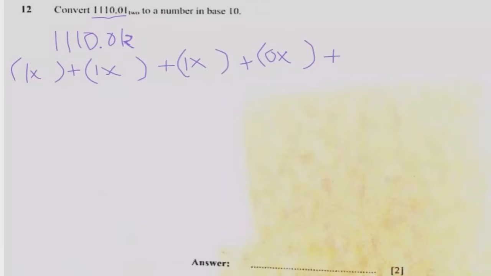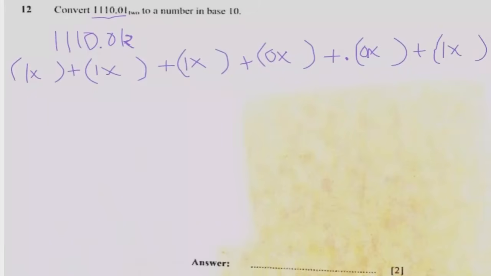Then plus, we can even put a decimal point, then open bracket, 0 times the number we're going to multiply it with, close bracket, then plus, open bracket, 1 times the number we're going to multiply with, close bracket.